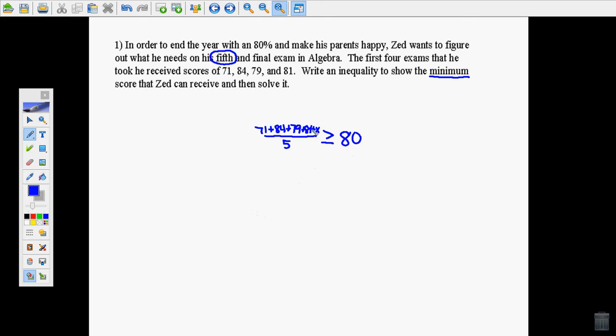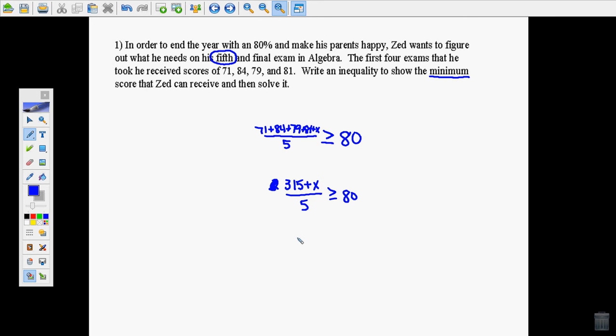So the first thing we might do is we might combine together like terms here. So go ahead and combine together 71 plus 84 plus 79 plus 81. Okay, when you do that, you get 315. So 315 plus x divided by 5 is greater than or equal to 80. Okay, so let's solve that inequality. So what would your next step be?